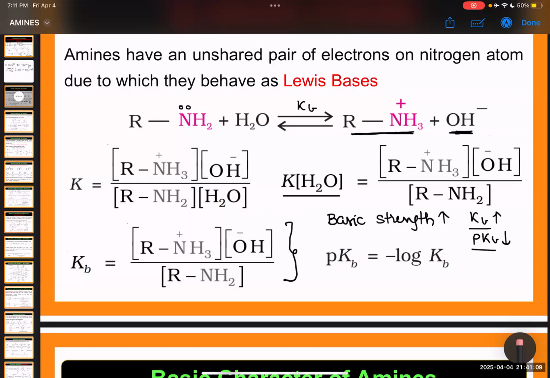Stronger base will have lower pKb value. You need to keep this in mind while solving the question, because sometimes in spite of knowing everything, we give the wrong answer due to examination pressure, and we do not recognize that they have asked the pKb value, which is just the reverse of basic strength.